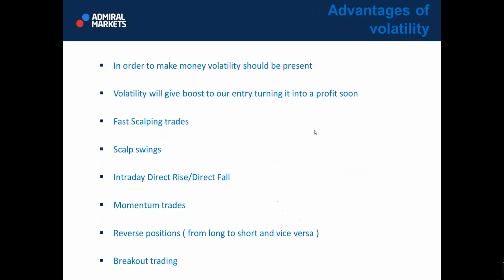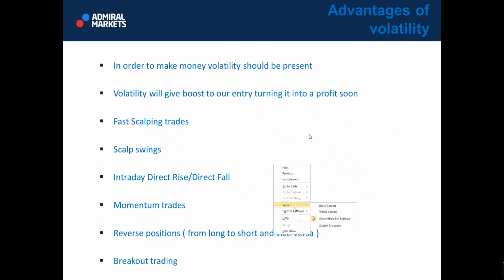Now, what are the advantages of volatility? So, as I told you, in order to make money, volatility should be present. Normal volatility is the best, but high volatility and low volatility can be traded. Volatility will give boost to our entry, turning it into a profit zone.